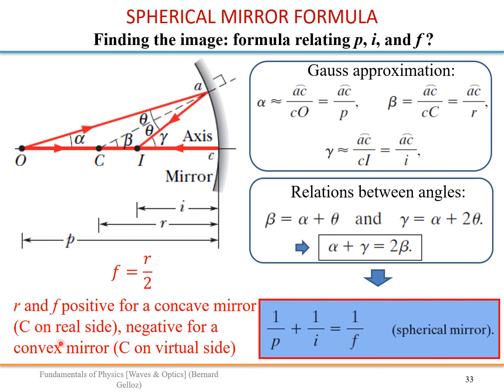So if C is on the real side, which is the case for a concave mirror, then it should be counted positive. And things that are on the virtual side, so the right side of the mirror, are counted negative. So for a convex mirror, C is on the right side, also the virtual side. Therefore, we take it as a negative number. P is always positive, and I, you will calculate it, and it will turn out either positive or negative, depending on the situation.